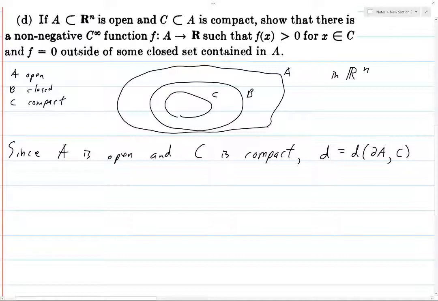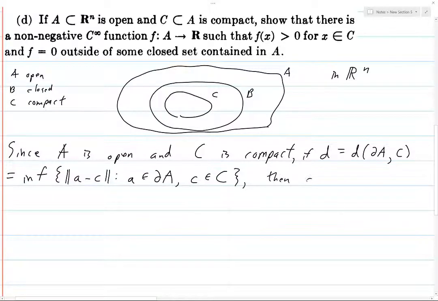So this is defined as the infimum of all things of the form |a - c|, where a is a point on the boundary of A, and c is a point inside of the set C. Since A is open and C is compact, if d is defined to be this, then d is strictly greater than 0, i.e. there is some distance between C and the boundary of A.